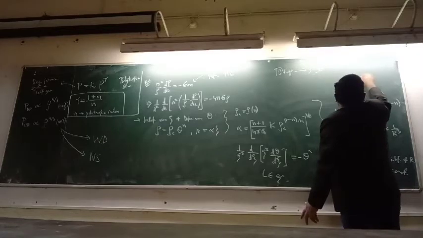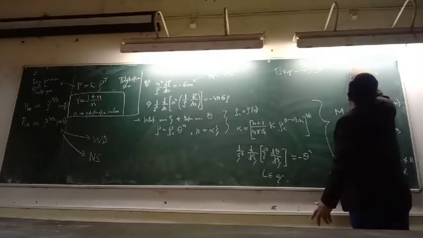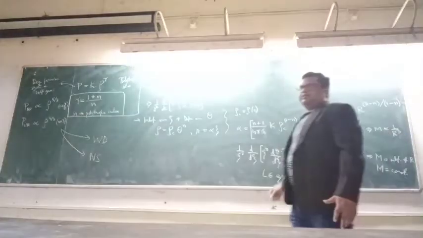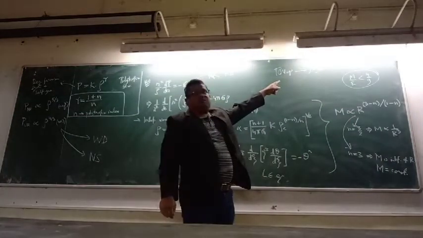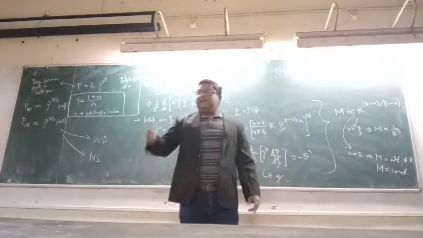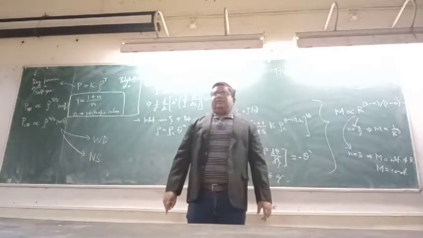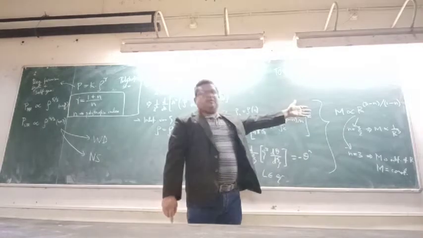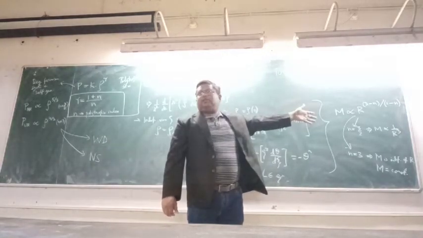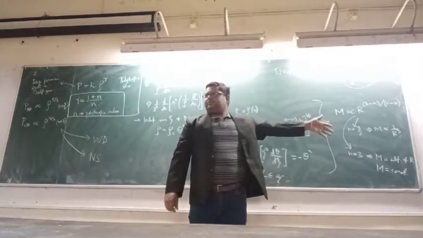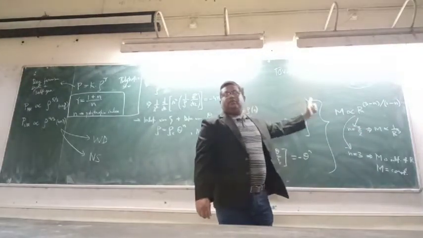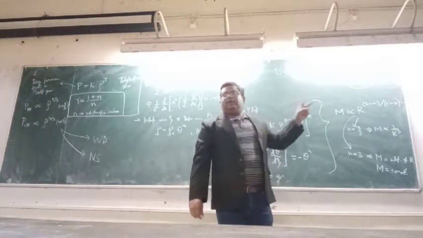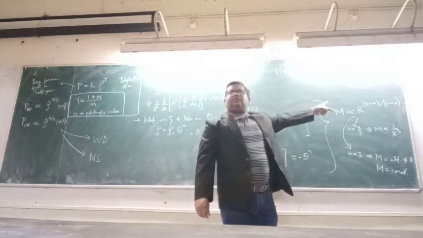M by R is less than 4 by 9. So we get a constraint. Right. Now this is a neutron star model. Remember, constant density model. And yet another neutron star model here is using this relation, the polytropic model. So in this blackboard you are right now seeing two very different models of neutron star.